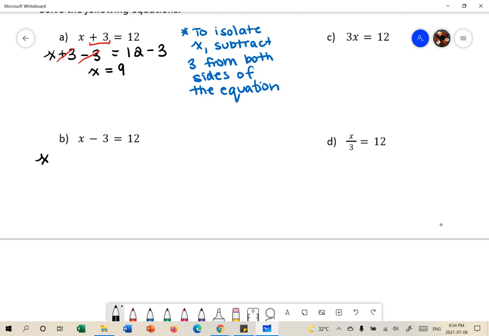So my next line is going to be x subtract 3 plus 3 is equal to 12. And now because I added a positive 3 to my left side, I'm also going to add it to my right side to ensure that there is continuous balance between my left and right side. Now these two will cancel themselves out. So x is going to be alone now, which is what I want. And I'm going to simplify my right side. The value of x for b is 15.